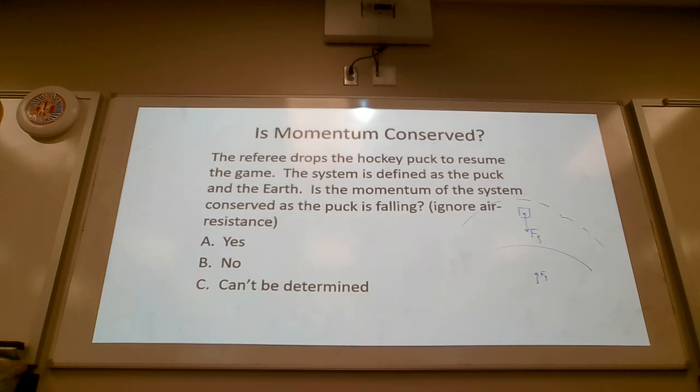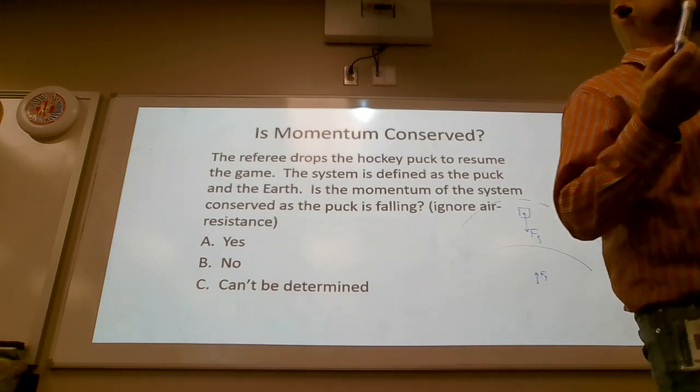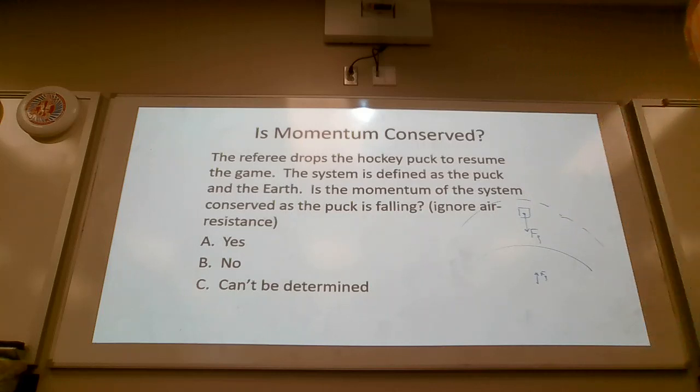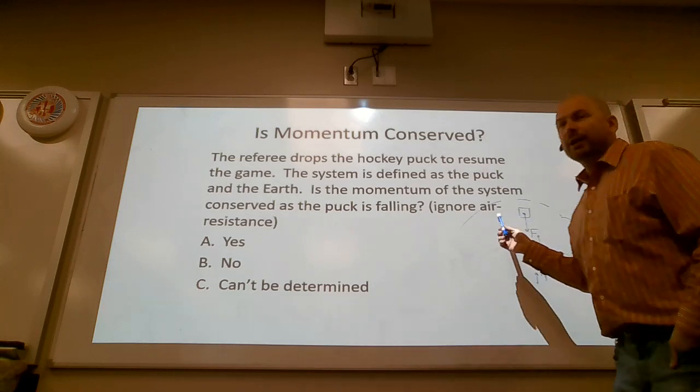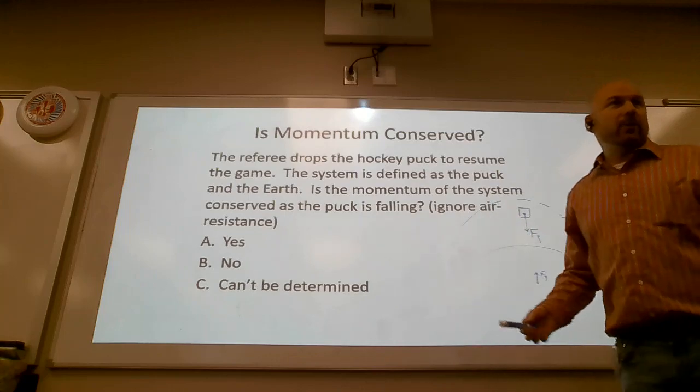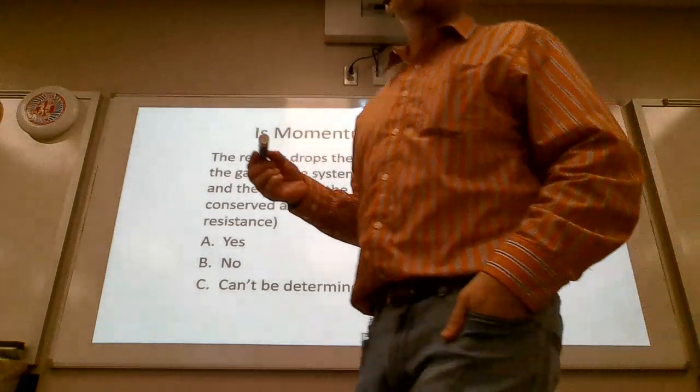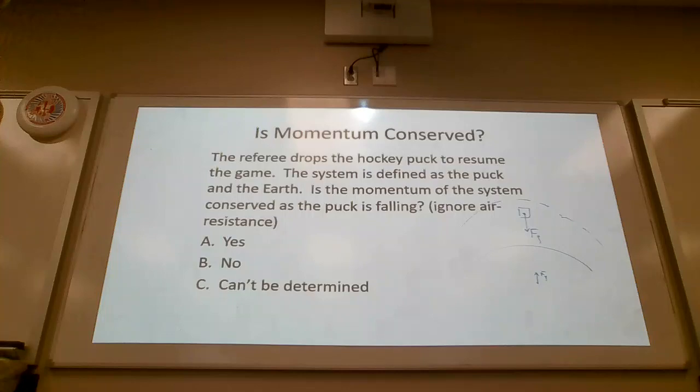Okay. Now, conceptually, this is true. But practically speaking, if you're trying to solve a problem using conservation of momentum, and you find that you need to include the Earth in the system in order to make momentum conserved, abort.